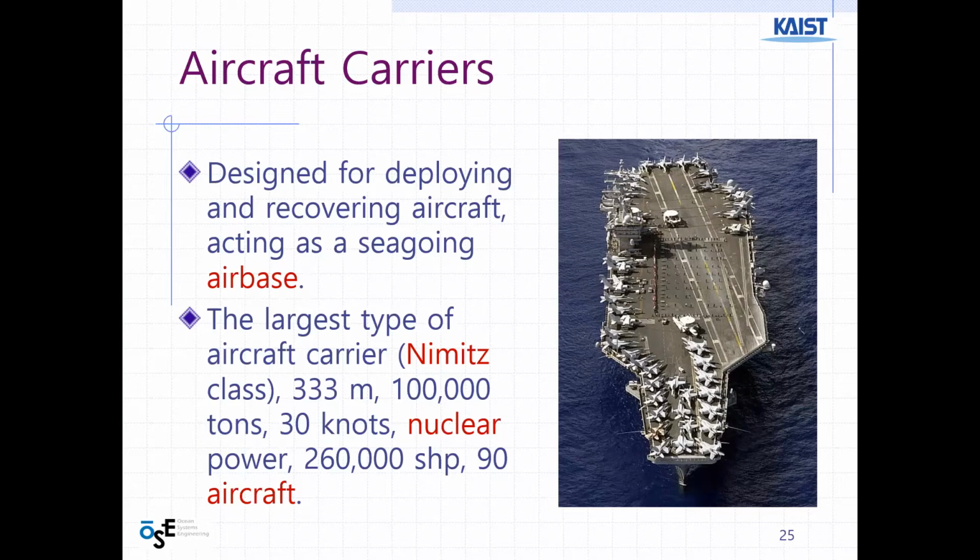It's a big number, right? Here on the deck, how many aircraft can we count? 10, 20, 30, 40, less than 50 on the deck. So about 40 aircraft are below the deck in storage, using the elevator.